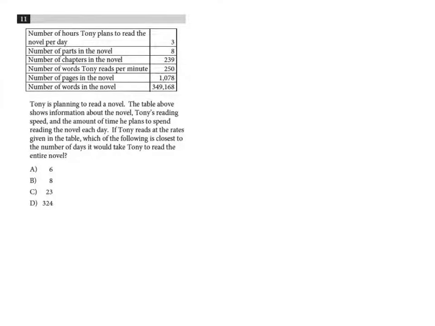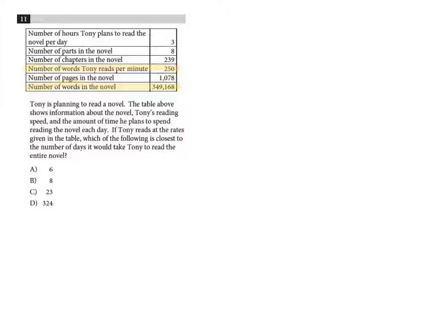Okay, so let's see. This gives us the number of words he can read per minute, and it gives us the total number of words in the novel. I don't think we really need any of this other information.